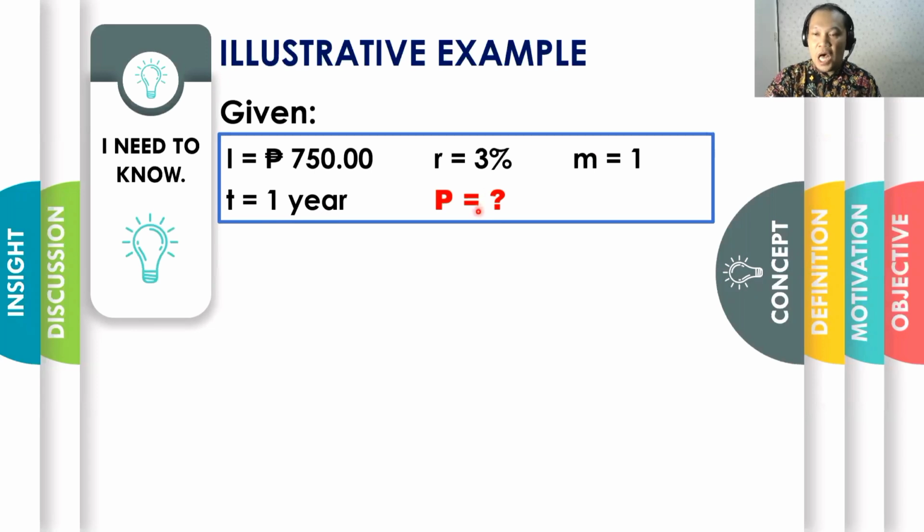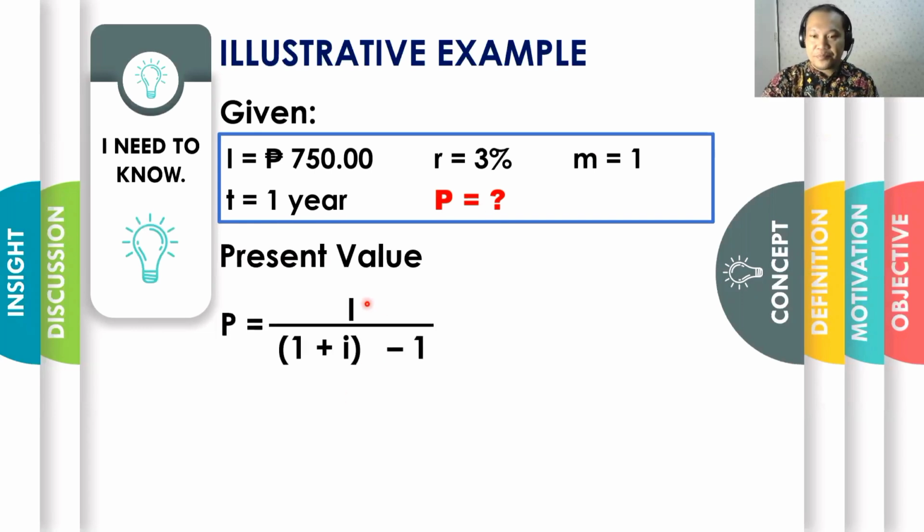Therefore, how much will be the principal amount? Now, we have our formula: I divided by the quantity (1 plus I) raised to n minus 1.